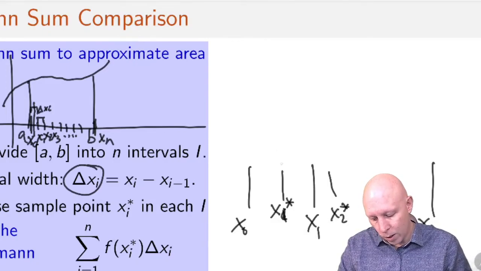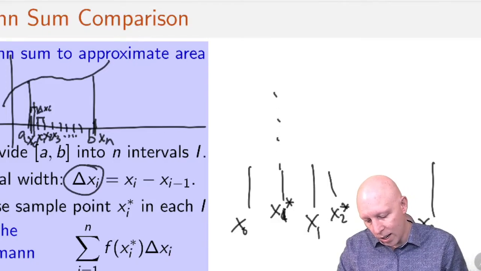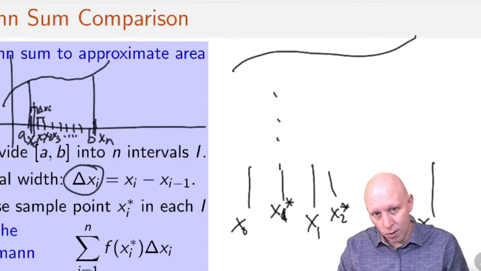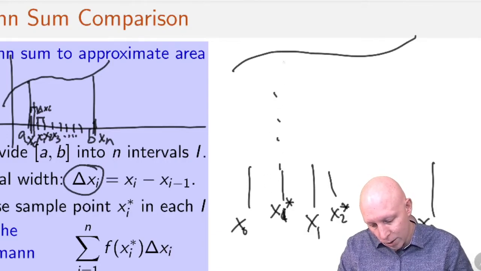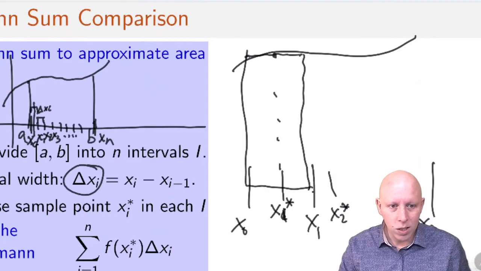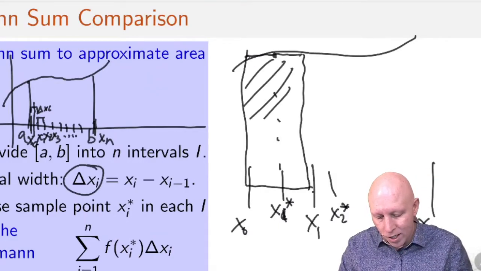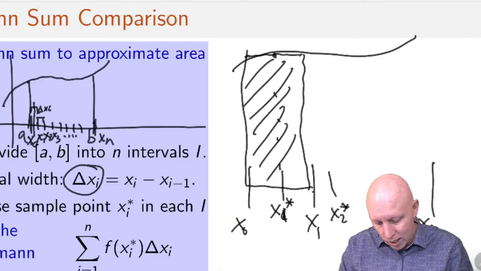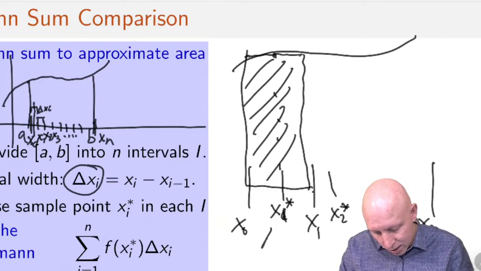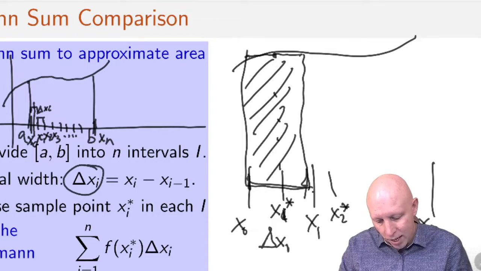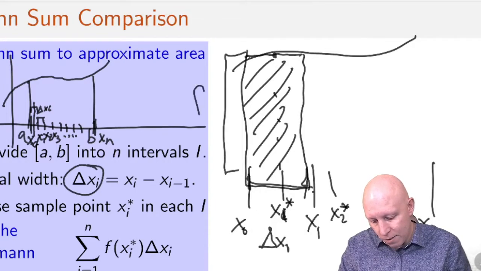And we look at what the function value is at x1 star. So we've got our region here. The function value at x1 star is some value, and we use this as the height of the rectangle, so that the area of this one rectangle is delta x1, that's this width, and the height is f of x1 star.